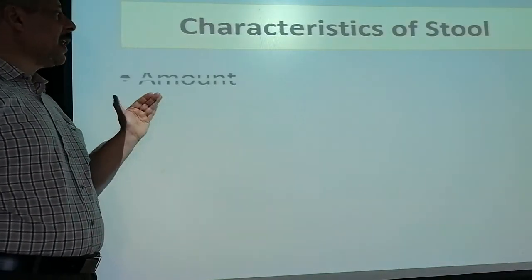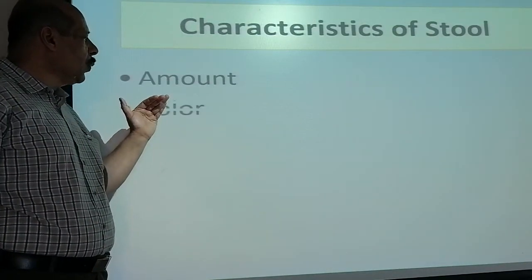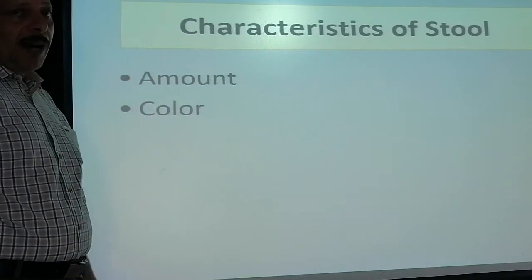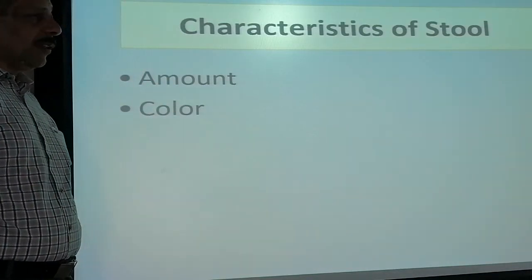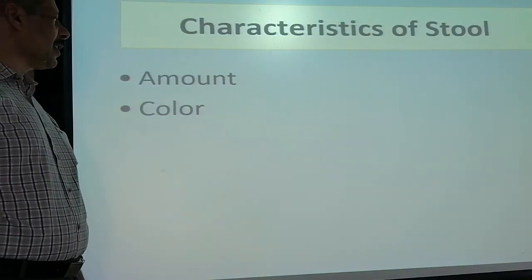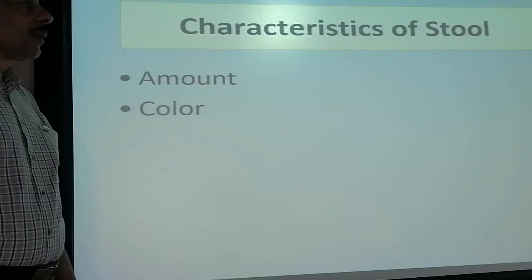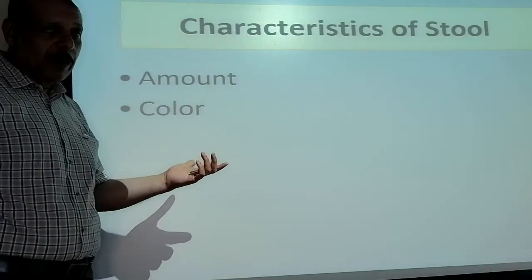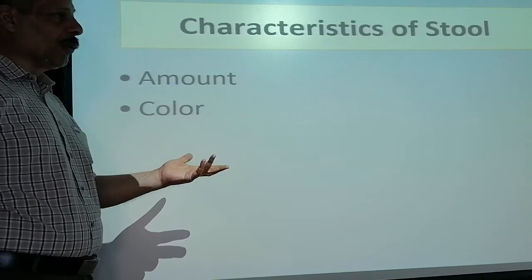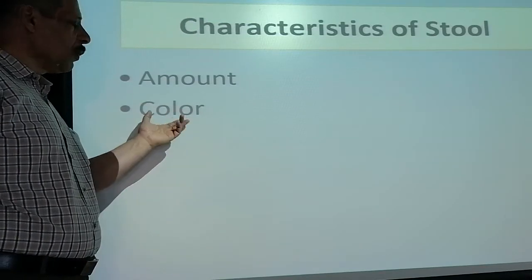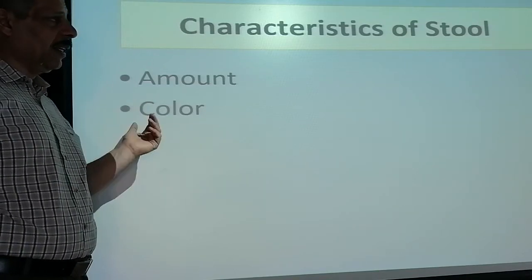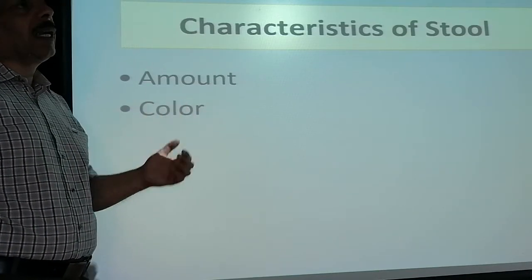About the characteristics of stool, we have to observe the amount of stool. We have to ask the client about the amount of stool that he is passing. Also the form of stool, is it formed or is it loose stool? The color of stool is usually brown in an adult.